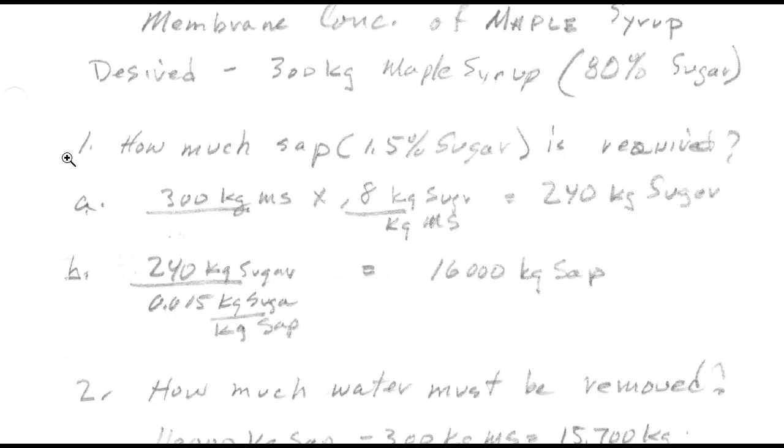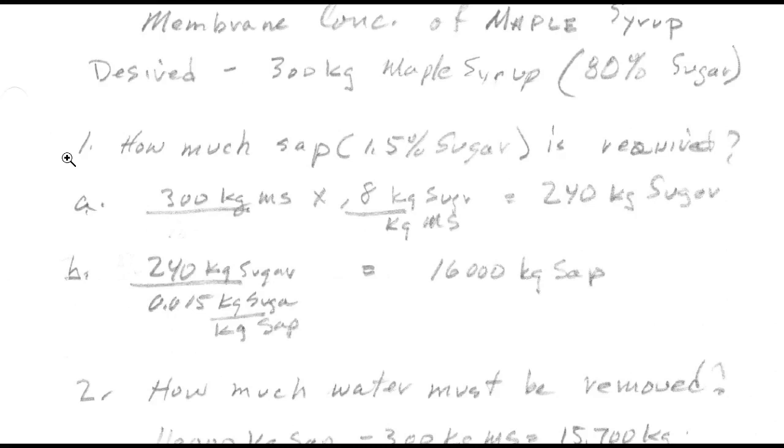In this case, the person wants to produce 300 kilograms of maple syrup, which is 80% sugar. So that would be the basis. So the first question, how much sap at 1.5% sugar is required?